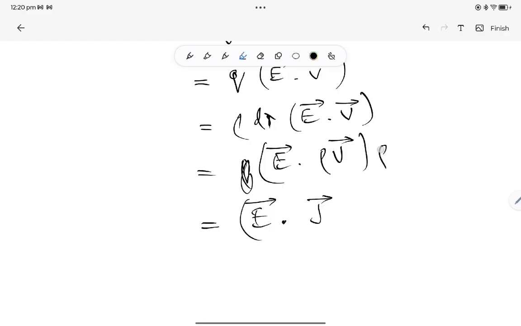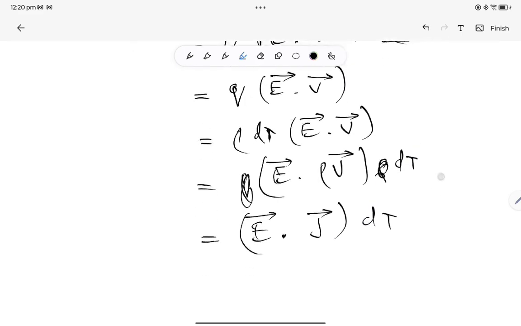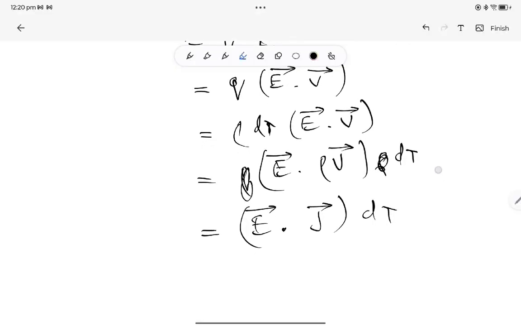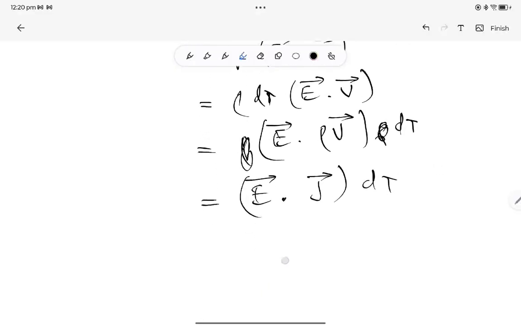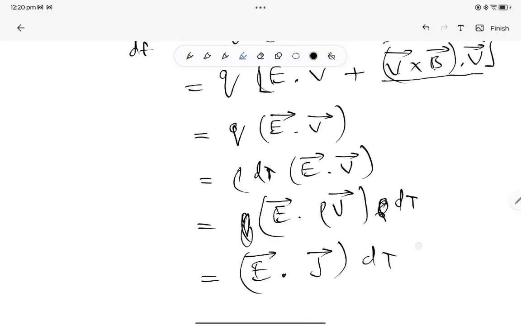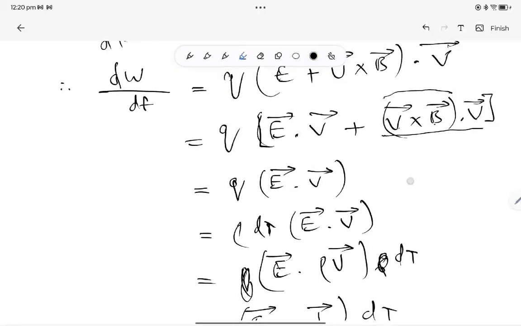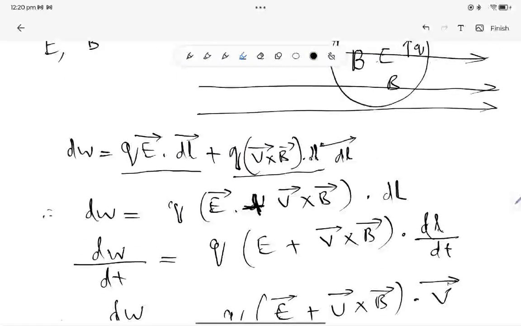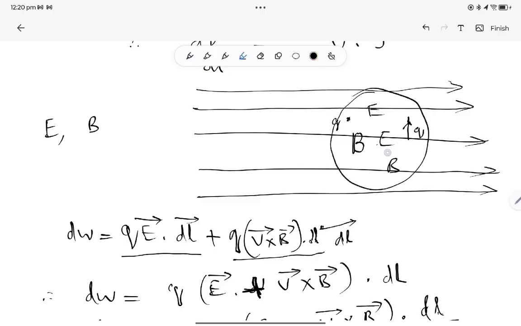This gives us E dot J d tau. This is the work done. Or we can say this is the power delivered, work done per second, by the electromagnetic wave to those charges, while we can also say that this is the power absorbed by the charges from the electromagnetic wave.